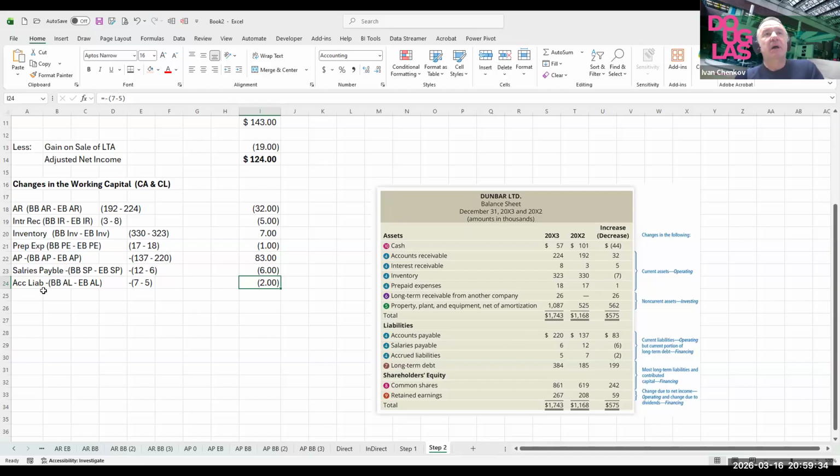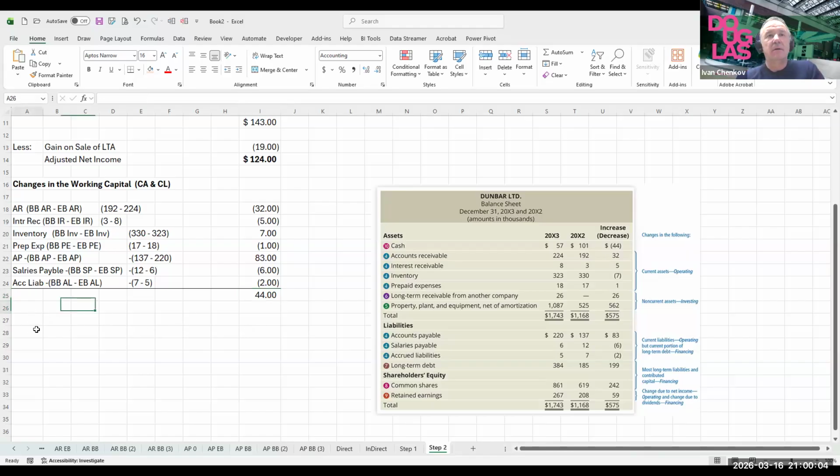Are we done with our working capital? Looks like we're done. Okay, let's see what our effect is. Once we combine all those items, we're going to get a total of $44 increase.